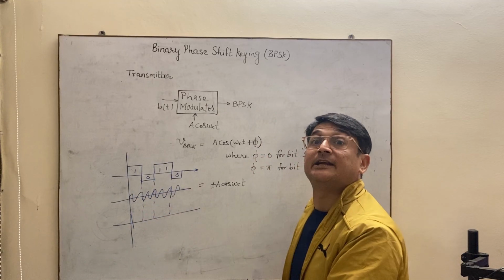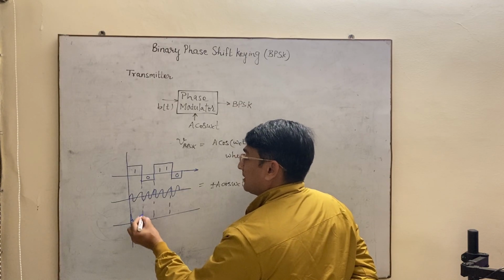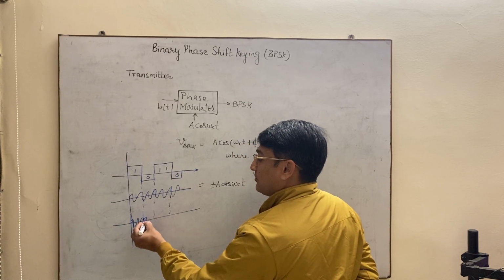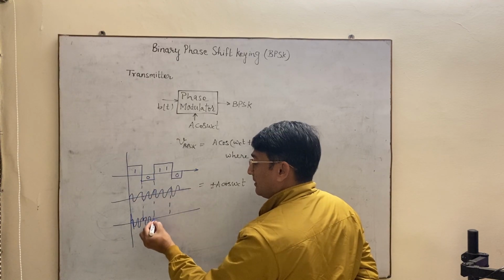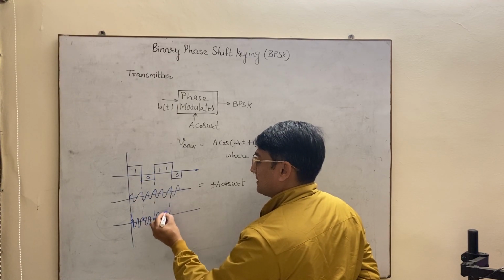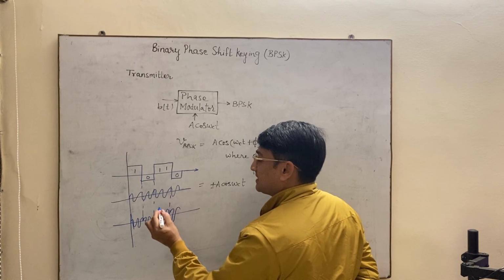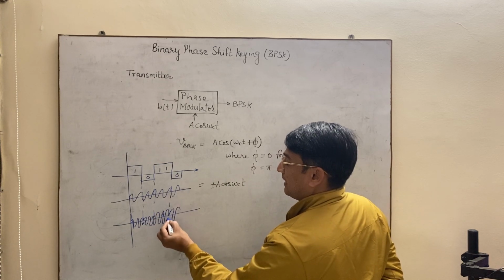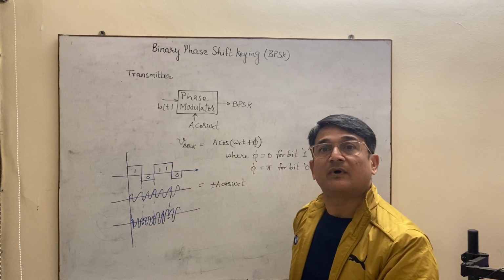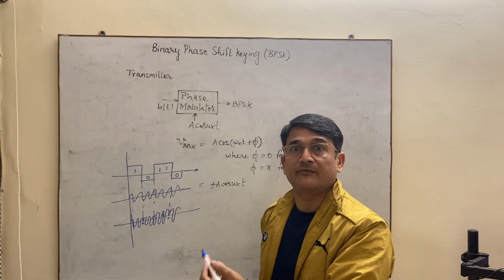You will have a 180 degree phase shift. Your signal is something like this: 1 to 0, 180 degree phase shift. Again 0 to 1, 180 degree phase shift. Again 180 degree phase shift. So this way you can see here, here and here you have a 180 degree phase shift. This is how you can represent your BPSK waveform.